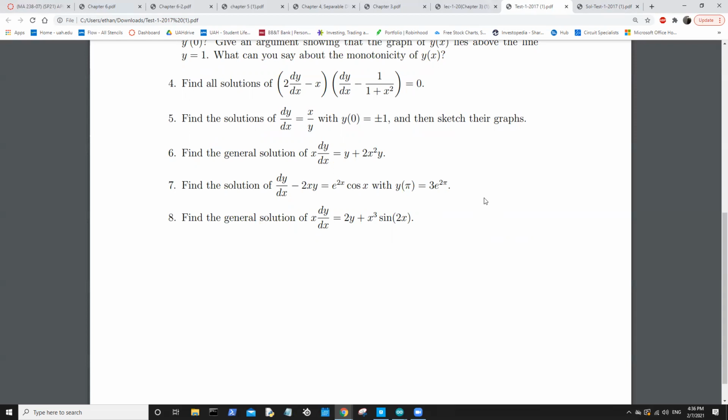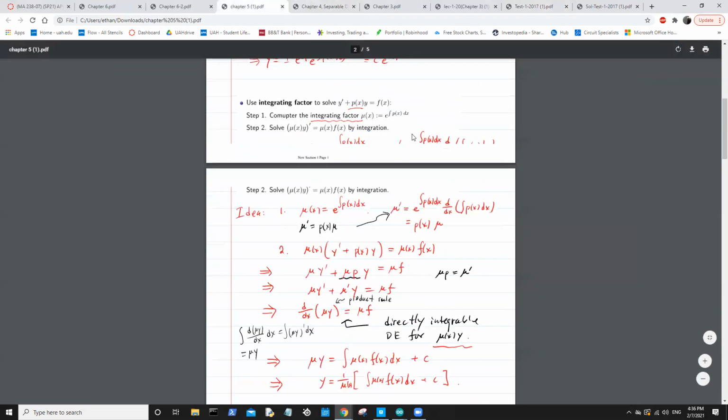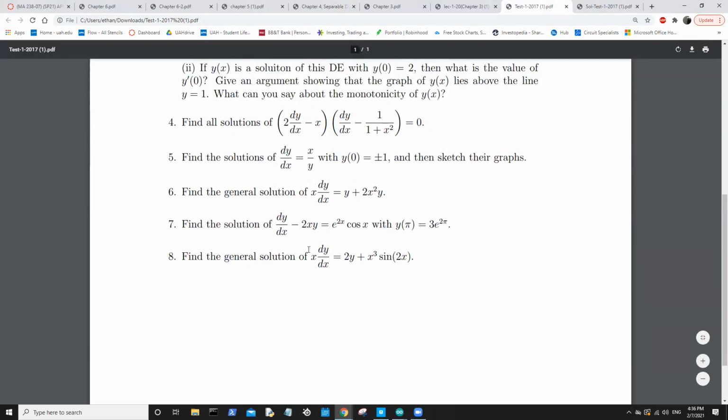Well, more than just pi, but even so. Yeah, so this fits in the form of dy over dx plus or minus p of x y is equal to, is it f of x is how it's meant to be? Is that what he says for his linear? Nope, that's separable. Yeah, y prime plus p of x y equals f of x. So in this case, our p of x is negative 2x.